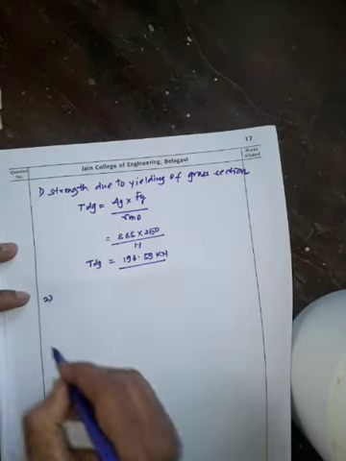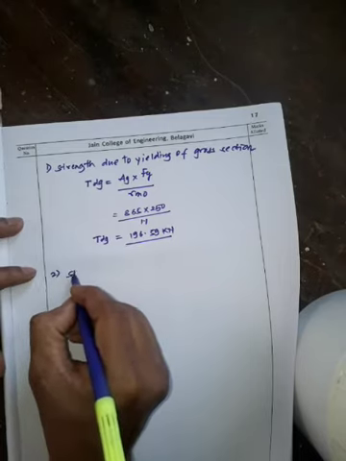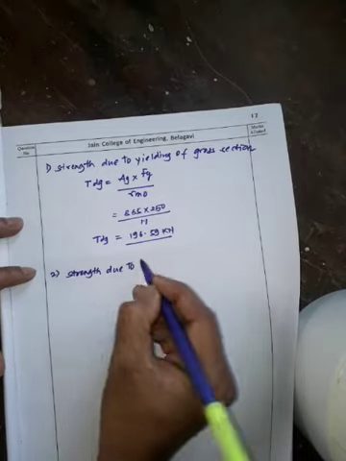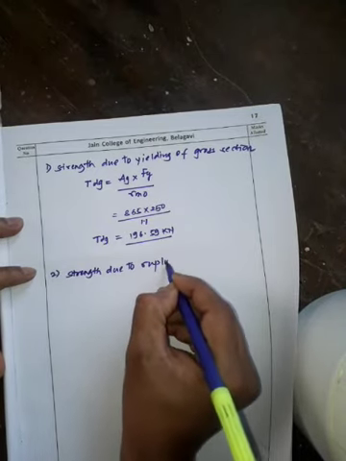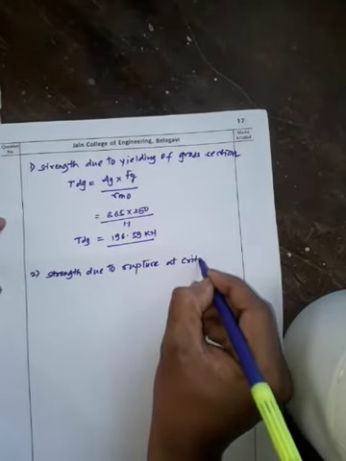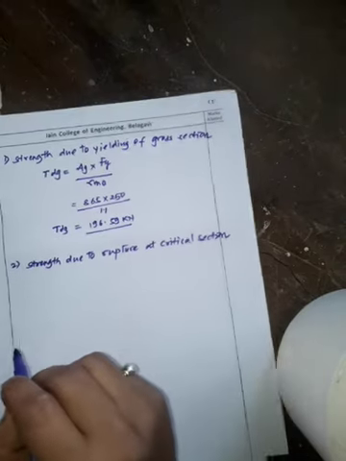So next we have to find out the strain due to rupture at critical section. So we have to consider one critical section.